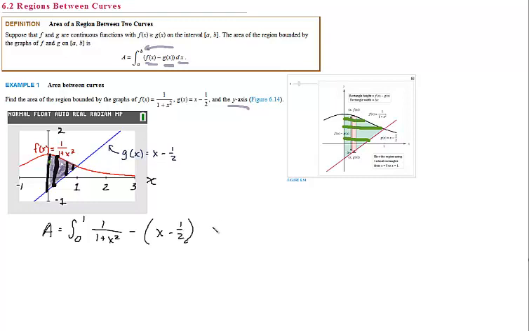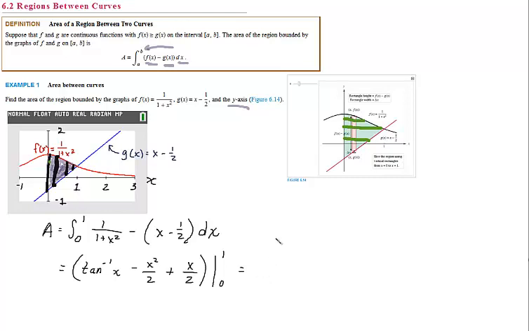Then I'm going to integrate this with respect to x, and I'll do my integration and get back with you. When I integrate this, I get inverse tangent and just the straight little polynomial. I'm going to plug in a 1, and then plug in a 0, just like we did in Calc 1.